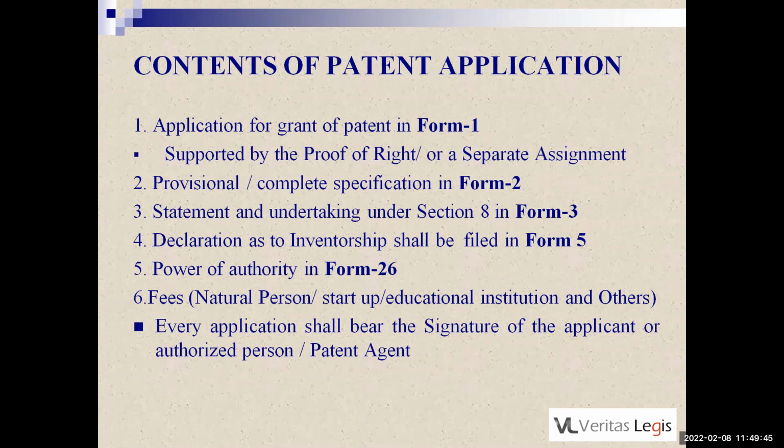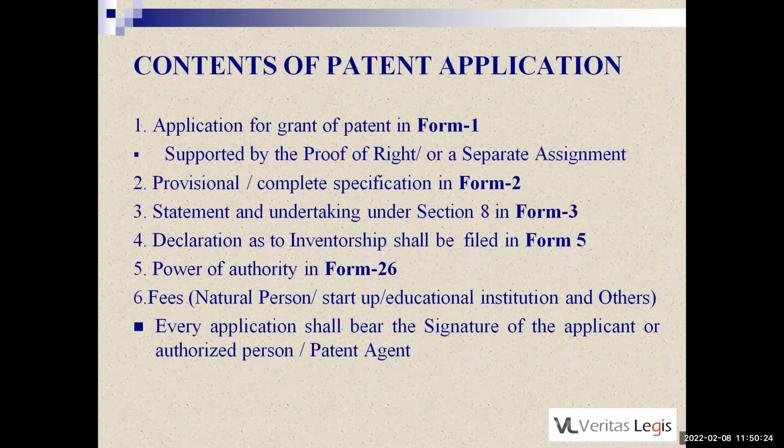Ultimately, inventors, since you are students working in a university, and the university has given you the platform or the lab in which you are doing your experiments, ultimately the applicant will be the university. There can be multiple inventors, so the inventors are assigning their rights to the applicant. That is called proof of right or separate assignment.